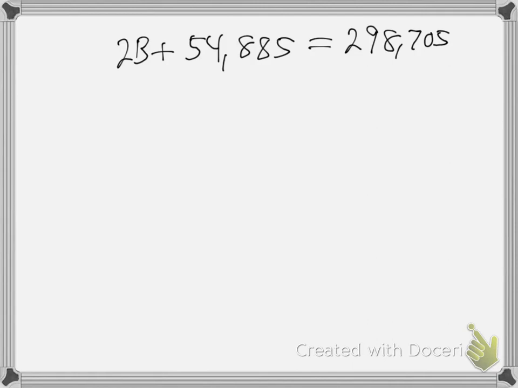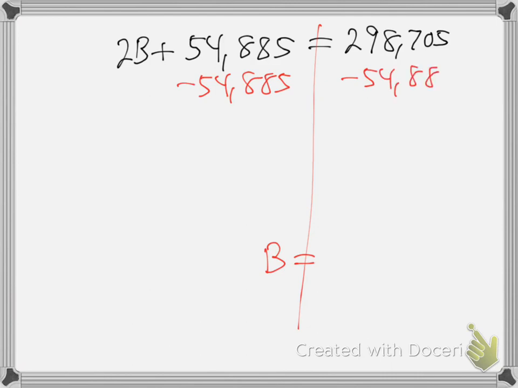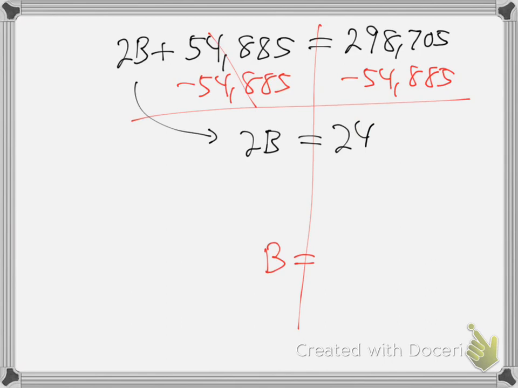All right, and how do we solve for B? What do we do now? B's saying, I want to be alone. Yeah, subtract the 54,885. Boom, so bring it down. Somebody have a calculator? 243,820.